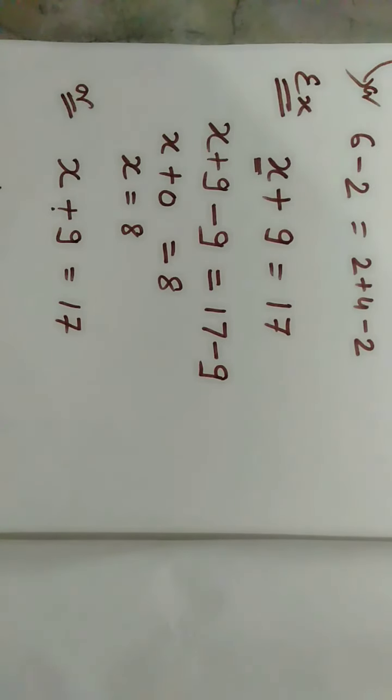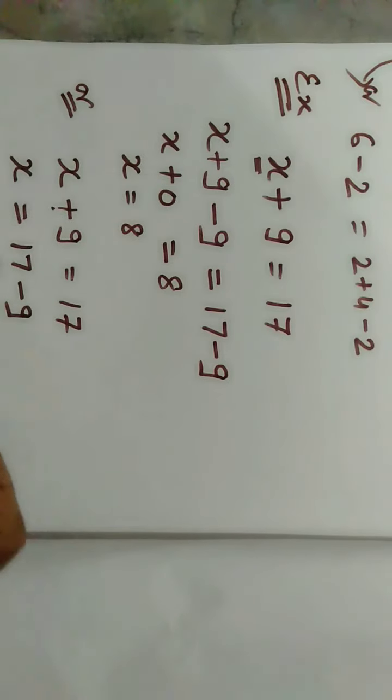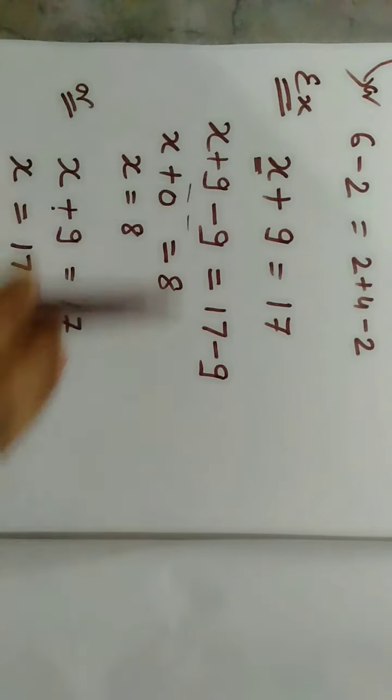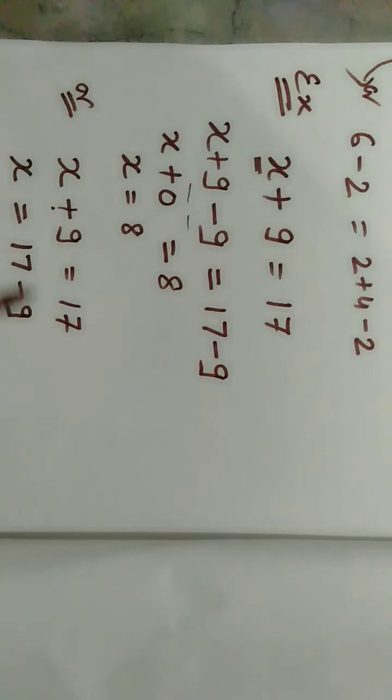So here is plus 9. We just transfer this plus 9 to this side, and on the opposite side it is subtracted. So x is equal to 8. So directly we can solve it. We can just skip this step, and this is subtracted here. The value of variable x now becomes 8.